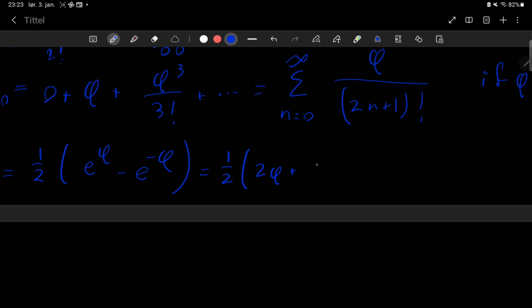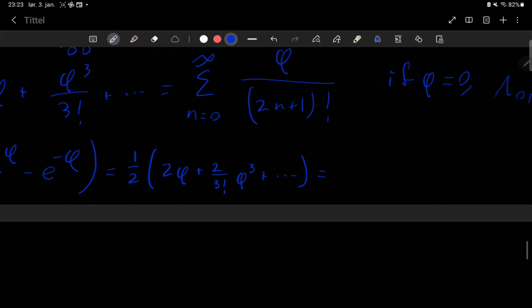So we'll have 2 over 3 factorial phi to the 3 plus and so on, which ends up being just the odd ones.